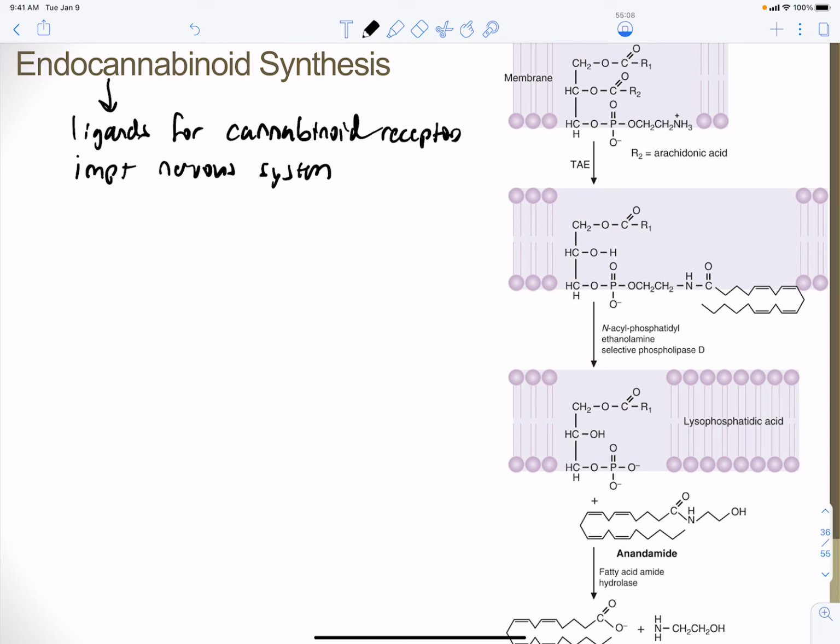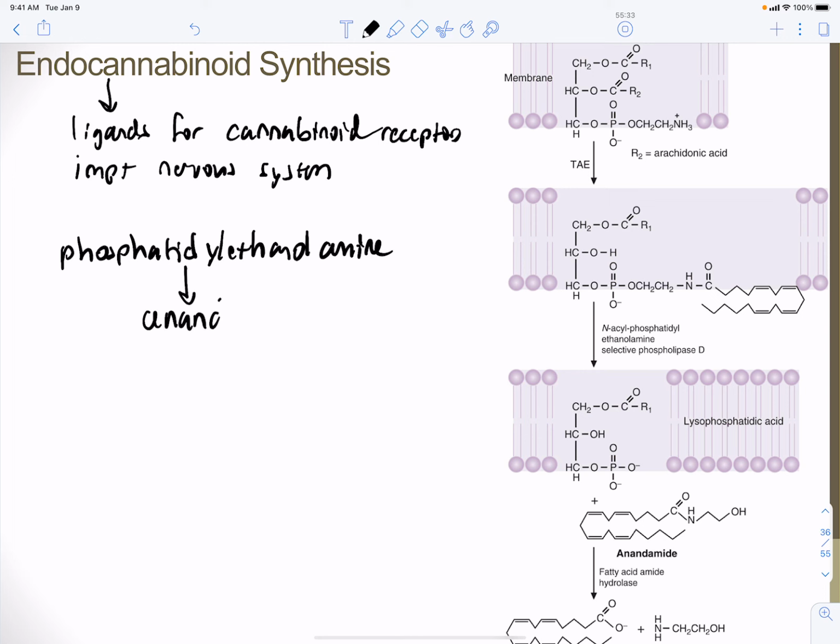Anandamide is going to be synthesized in neurons, and this is going to be starting with phosphatidylethanolamine. And this occurs in neurons.